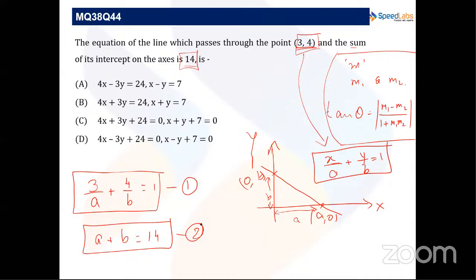What we are going to do here is solve these two equations by the simple method of substitution. So let's say b equals to 14 minus a. Substituting the value of b in here, we will get 3 upon a plus 4 upon 14 minus a equals to 1.